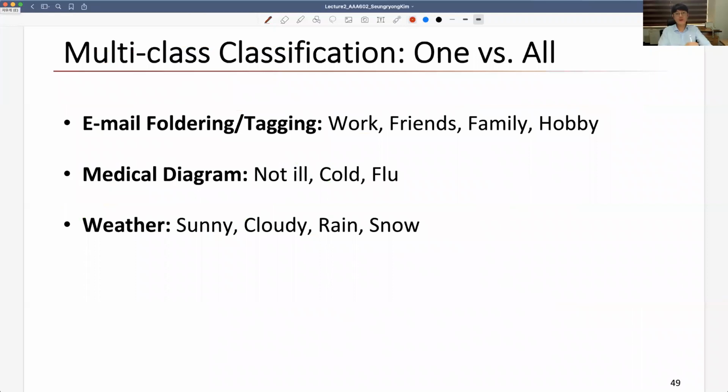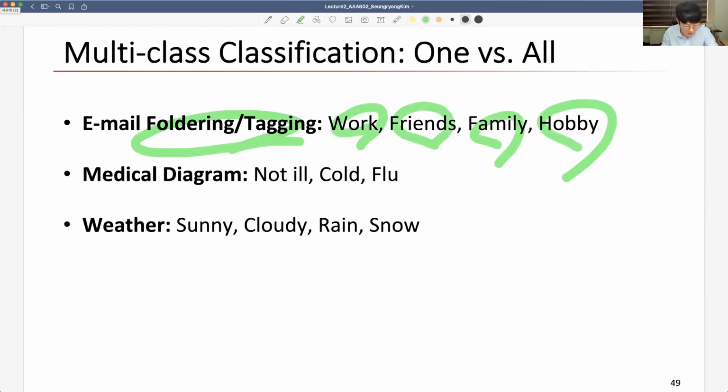So far we've talked about the classification problem, and we've only considered the two-class classification problem. But in real-world applications, there are many possibilities that require multi-class classification. For example, an email tagging problem, where the classes might be work, brand, family, hobby, something like that.